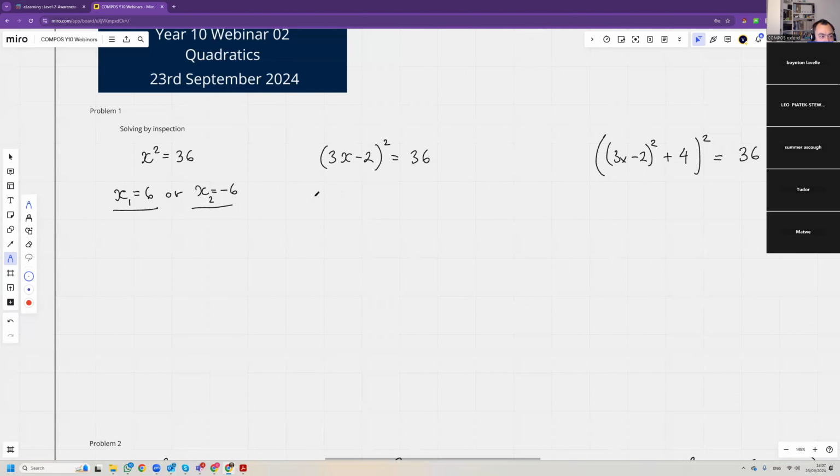So you could say here that 3x minus 2 is 6 or 3x minus 2 is minus 6, in exactly the same way. And then you can solve these two separately. So 3x equals 8, x1 is 8 thirds, or 3x equals minus 4, x equals minus 4 thirds, and that's x2.